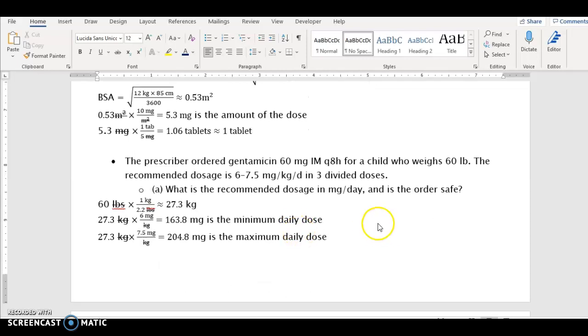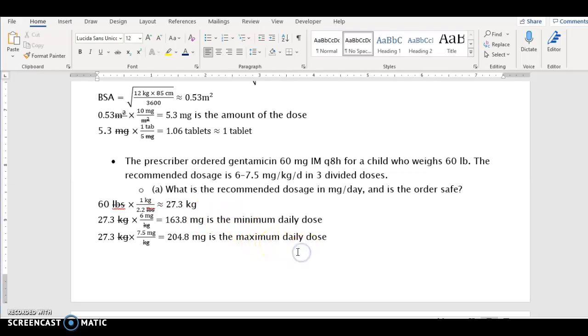There's a couple of ways to approach this. Notice how in the order it says that we're giving 60 milligrams intramuscularly every 8 hours. These numbers here are the minimum and maximum dose to be given daily.